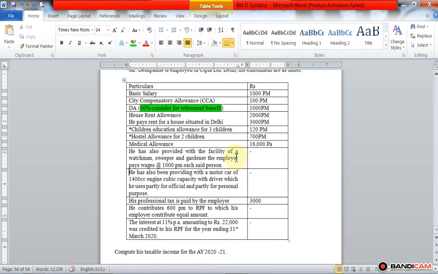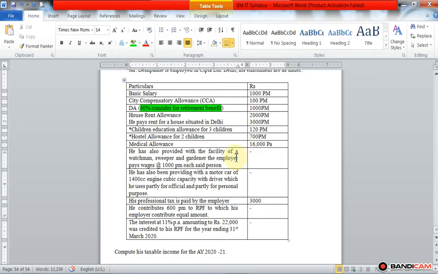If the motor car is below 1.6 cc, then we compute 1800 per month plus 900 per month for driver's salary. We already studied this perquisite, the valuation of motor car facility.